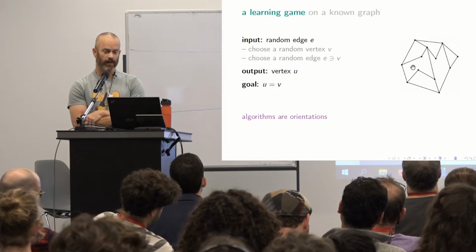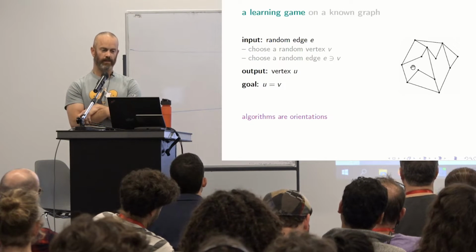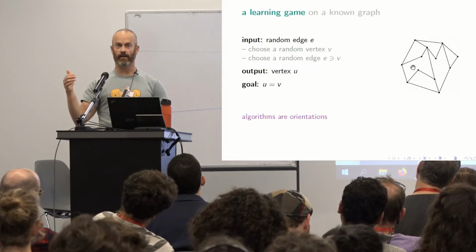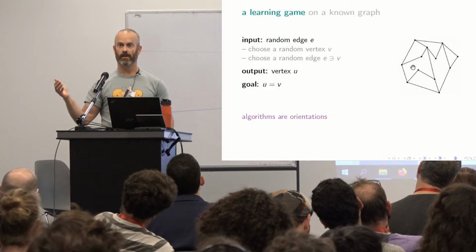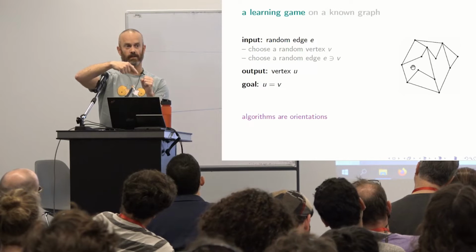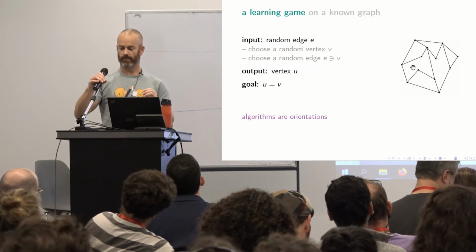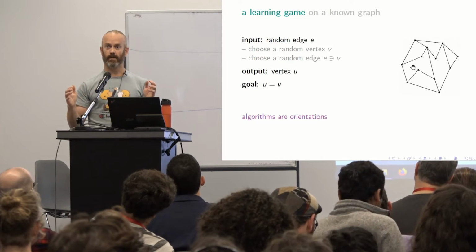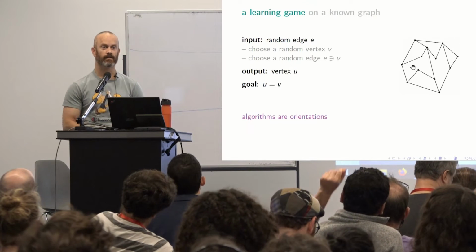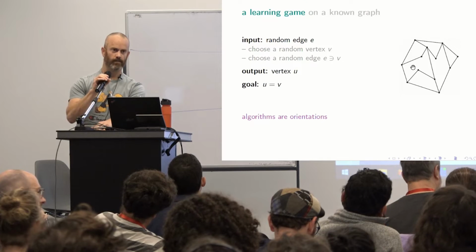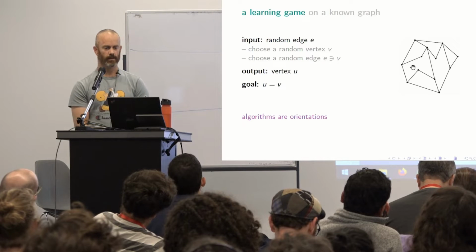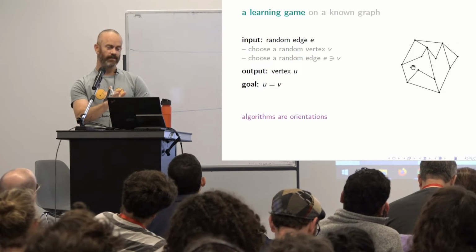One thing that comes out of this mental picture is that an algorithm in this scenario is an orientation of the graph. We get an edge, we need to orient the edge to some vertex. So an algorithm is an orientation of this graph. Yes? When you say random, what distribution? Let's say it's uniform.